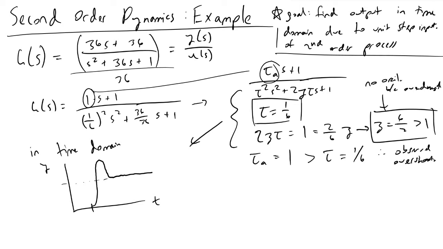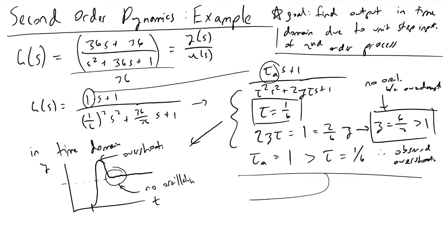And it is also important to note we have no oscillations, but we do observe overshoot. And this is the key takeaway from the data that we learned here.